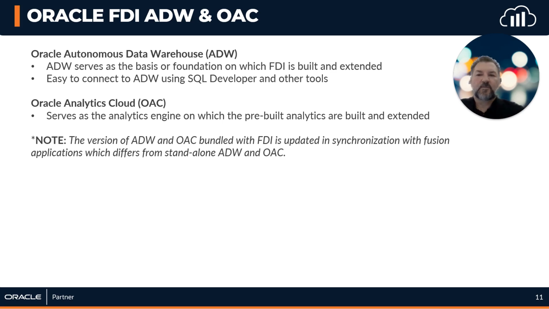Where they exist within the construct of FDI, they are updated in sequence with the Fusion application, so on a quarterly basis. So just to be aware that if you have an existing instance of OAC that you want to incorporate into an FDI implementation, there's some coordination that needs to be done there as far as the patch release levels of where the application is and where the product is.